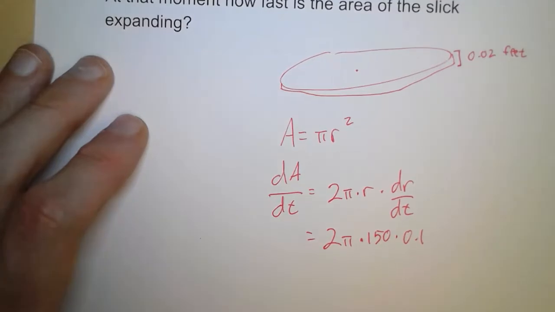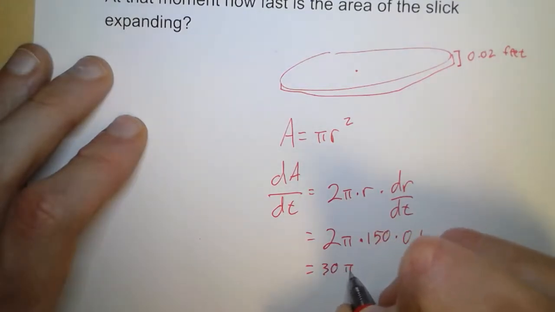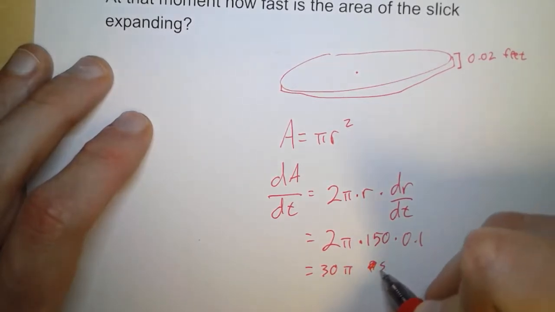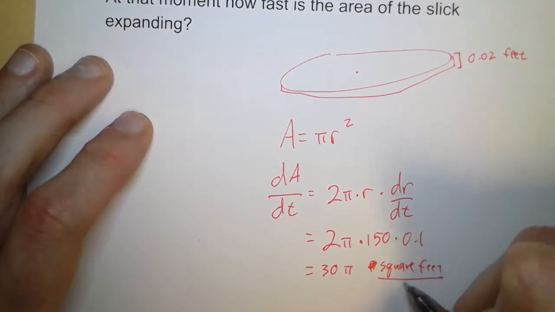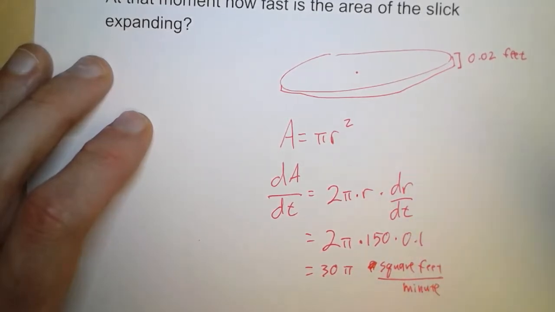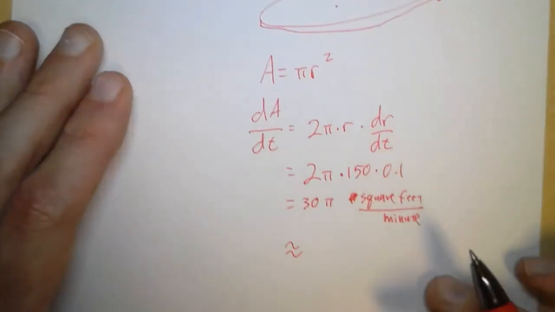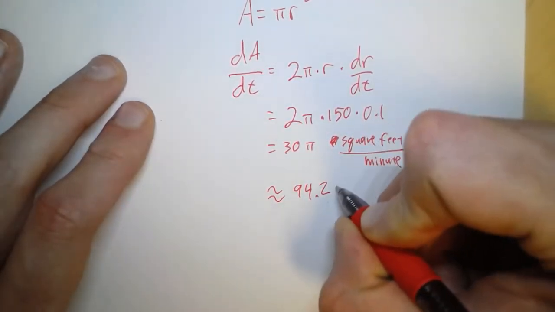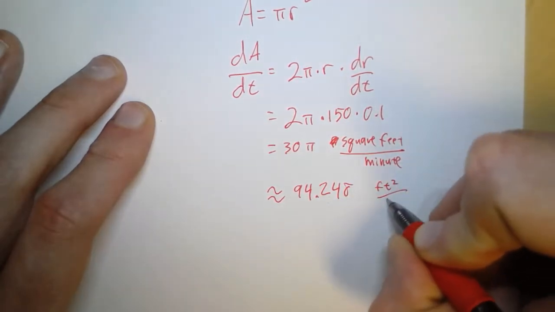So all we have to do is multiply 2 times 150 times 0.1, and that gives us an answer of 30 pi. Now our unit is square feet, so square feet per minute. And if you want an approximate answer, that's going to be approximately 94.248 square feet per minute.